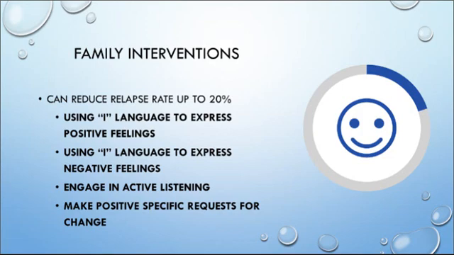Reduce relapse up to 20% using I language for positive feelings, negative feelings. This is clearly explained with examples in the little patient teaching section on communication for family members on 1757. Engage in active listening, make positive specific requests.